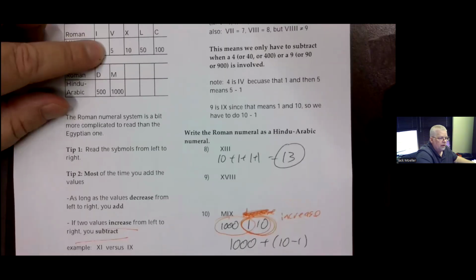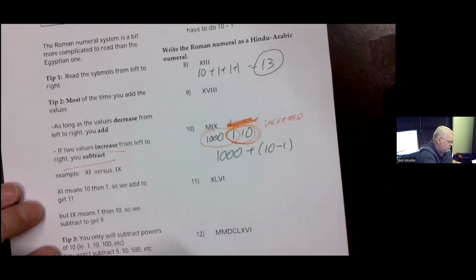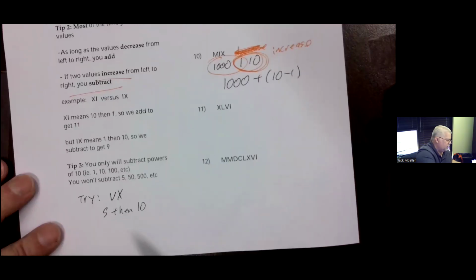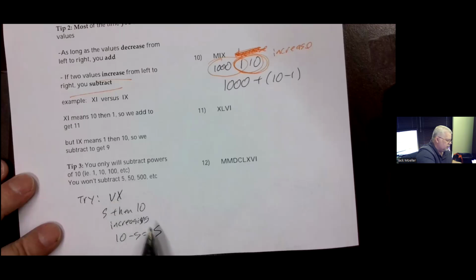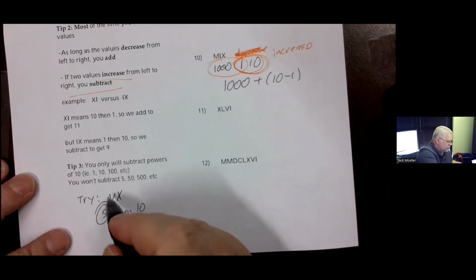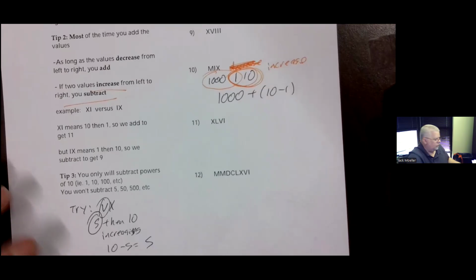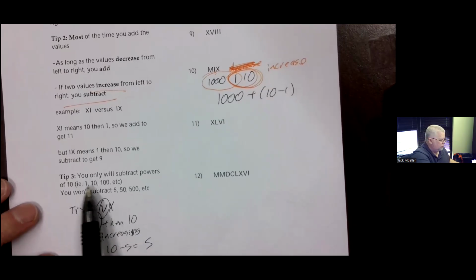Well, V is 5, X is 10. That's increasing, so we subtract. But 10 minus 5 is still 5. So we don't need VX because VX is just V. So we're only going to use subtraction with powers of 10.